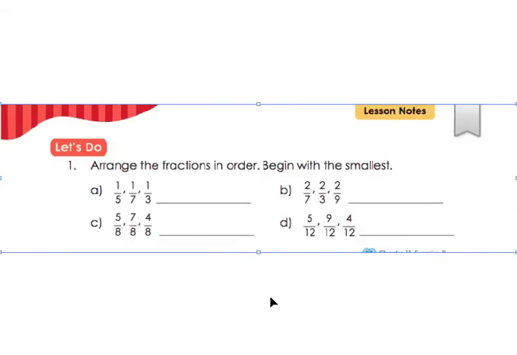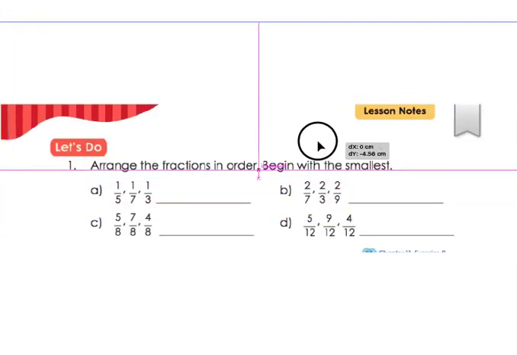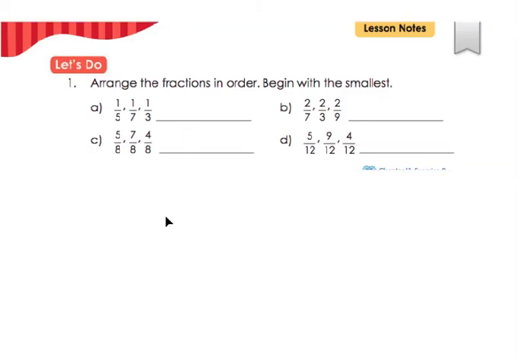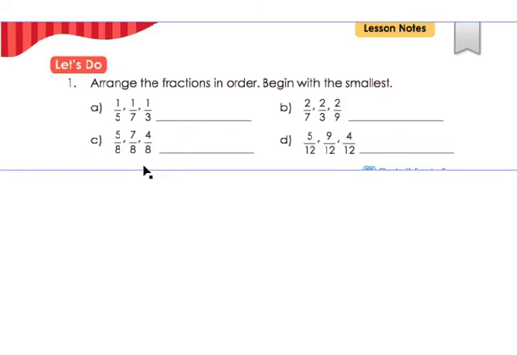So like I told you, look, they don't show you the pictures. And they are telling you to arrange the fractions in order. Begin with the smallest. Now, you can remember the rules. When you have the same denominator, just look at the numbers at the top and pay attention to them as the normal numbers they are.